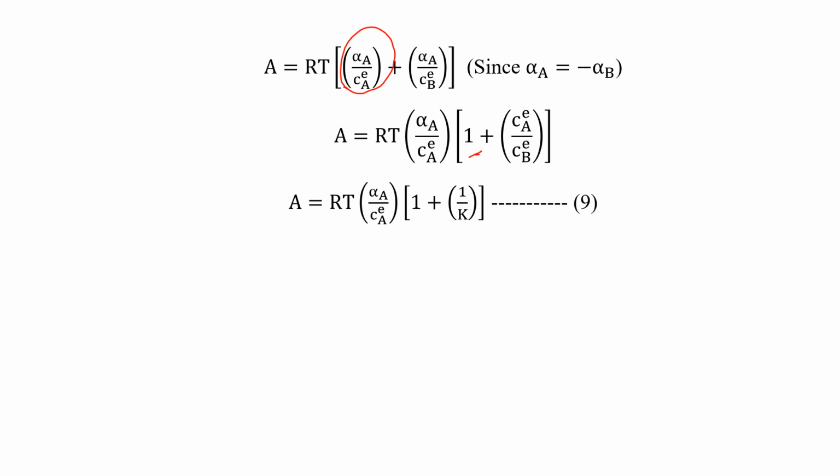Numerator will become 1. In denominator you are having CAE, which is absent in this second term. To make it cancel, you have to multiply the numerator with CAE. If you multiply this CAE inside the bracket, you will get this answer.